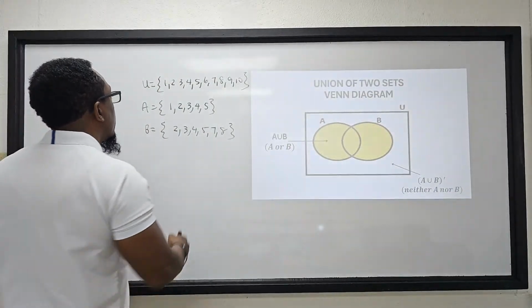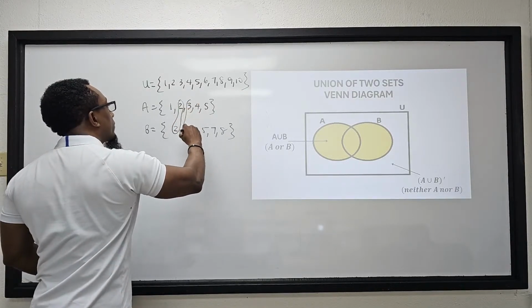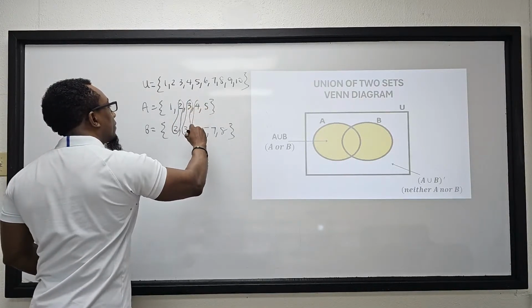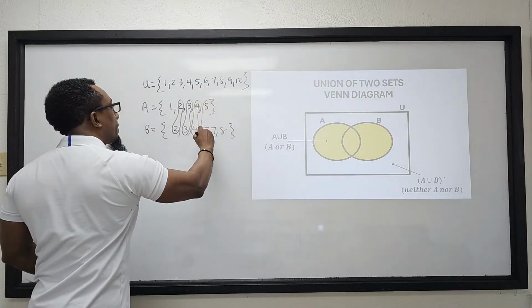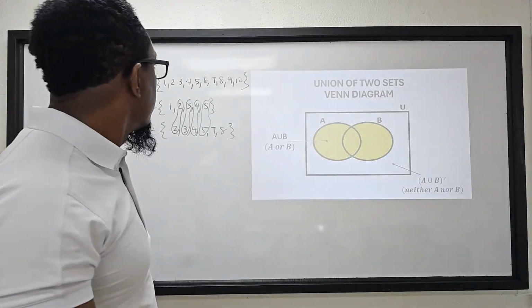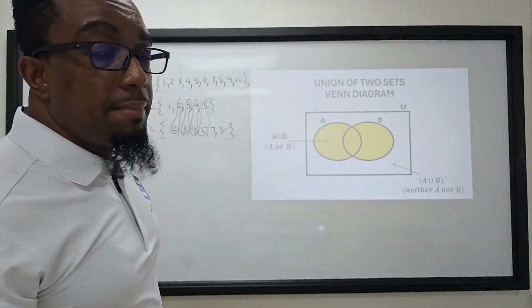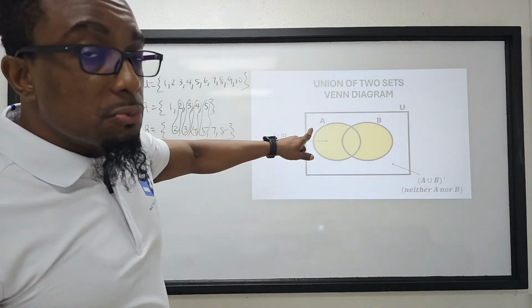Clearly, we know we have elements common to both: 2, 3, 4, 5. Yeah? We have remaining elements in A, remaining elements in B, so we know our two circles will overlap.